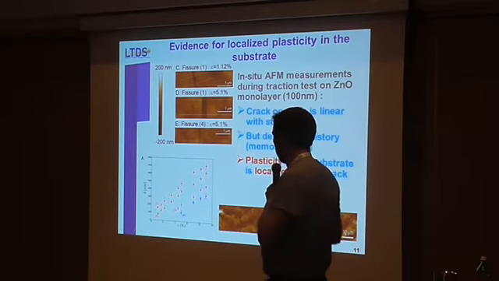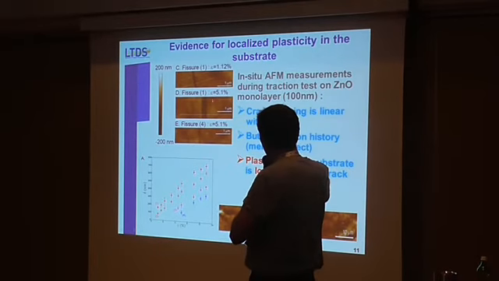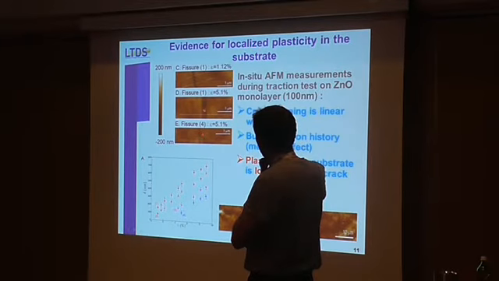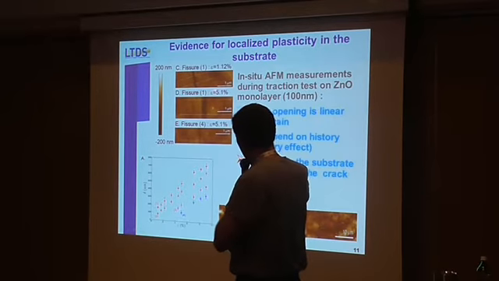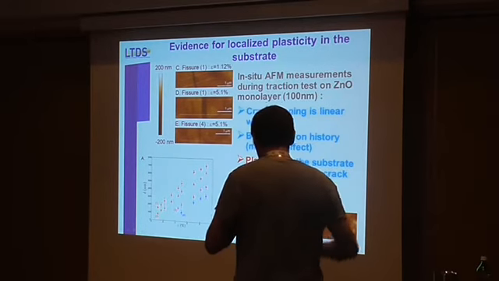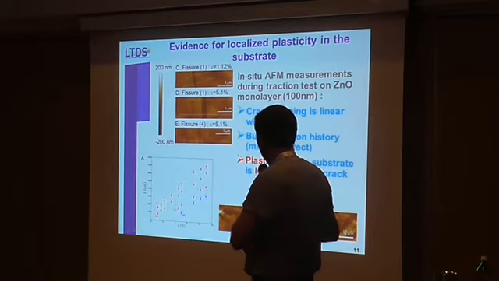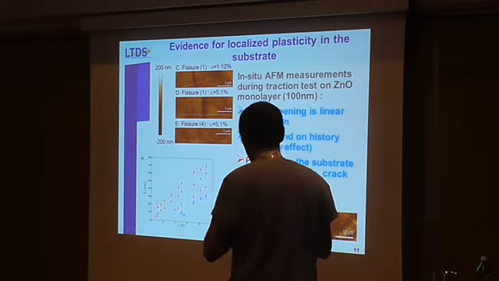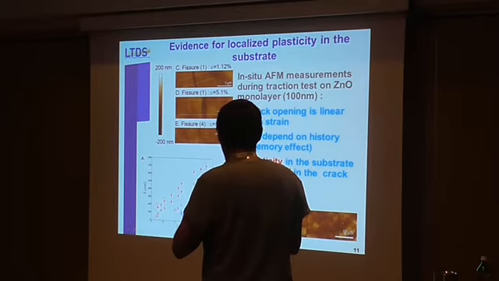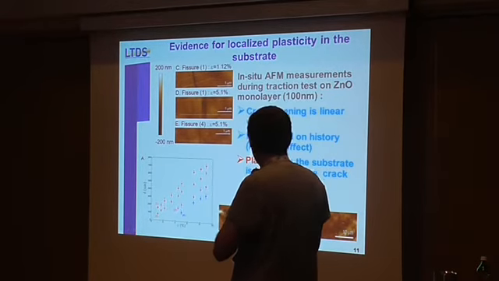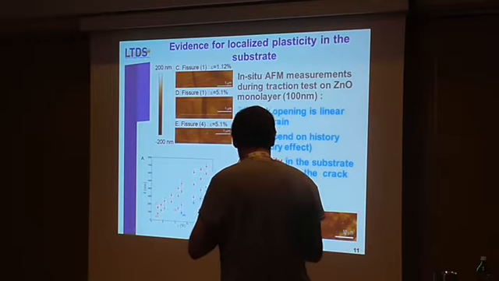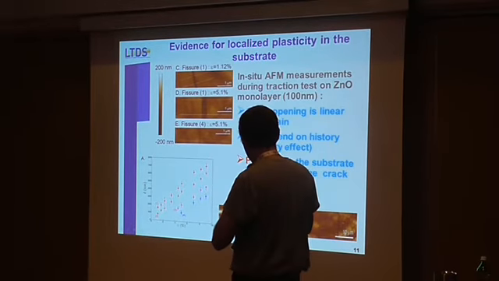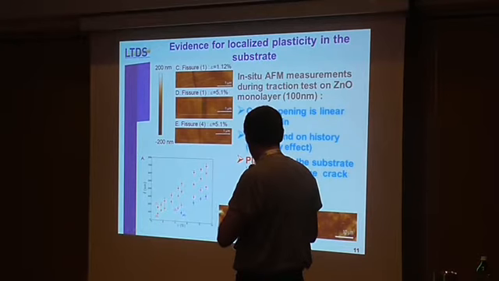There is a sort of memory effect. You see here a new crack appears, and its opening is far less than the previous one at the same strain. If everything was elastic, all the cracks should have the same opening, which is not the case. So we have here evidence of plasticity, localized in the substrate below the cracks.